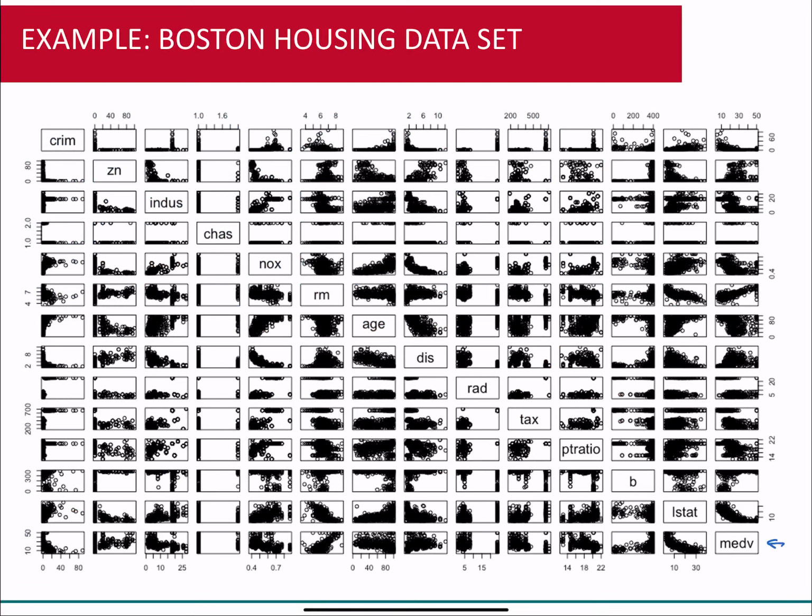So we can look at the bottom row here to look at the relationships. It's difficult to know which variables have a quadratic relationship with the response. It takes some practice and some investigation to know which variables you should include in quadratic terms.